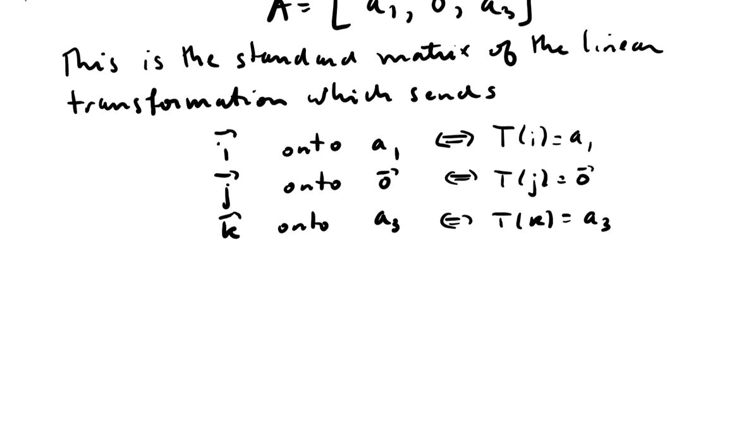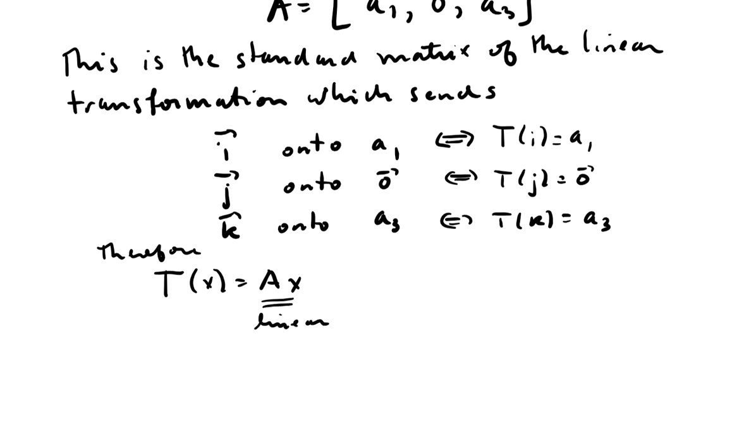If you were looking at where I, J, and K get sent, actually when we look at the transformation T, therefore T of X, which is AX. Remember this is a linear combination.